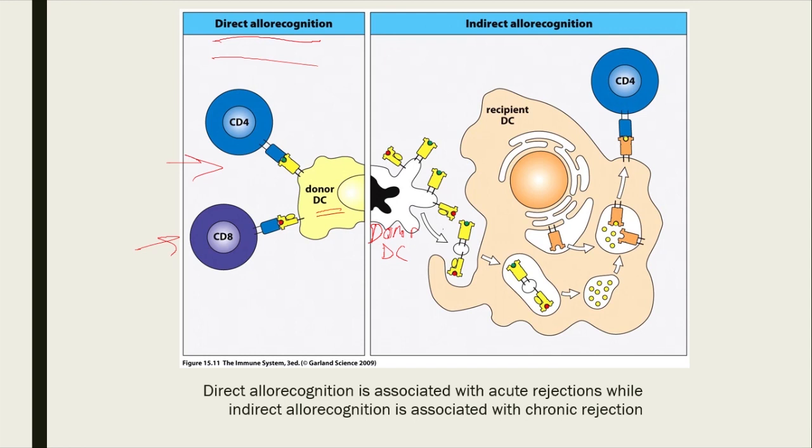These released HLA are picked up by recipient dendritic cells, processed through vesicles, and then presented back. Basically it's almost like recognizing a bacteria: they recognize it, eat it up, chew it up, present it back, and it is recognized by your CD4 T cells.